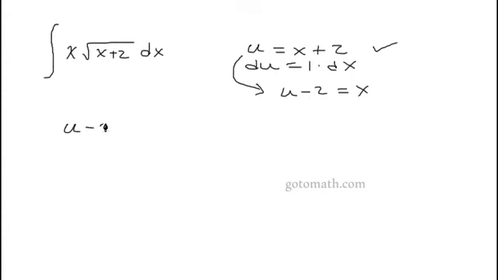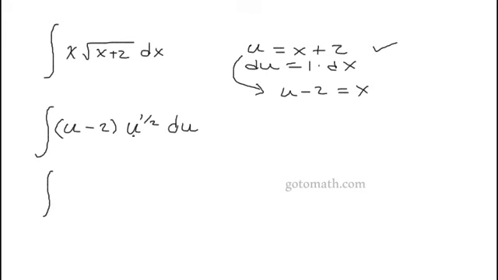We're going to go ahead and do all of that right now. And of course we have the square root, but I'm going to go ahead and skip that step and just write u to the half power so we don't have to do that again. And then dx, remember, gets replaced with the du. There you go. So this was a little bit of a trick to get there.